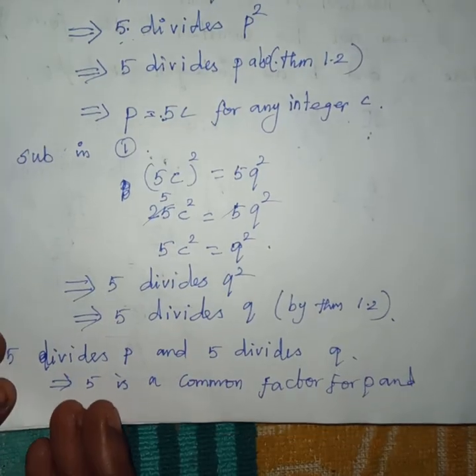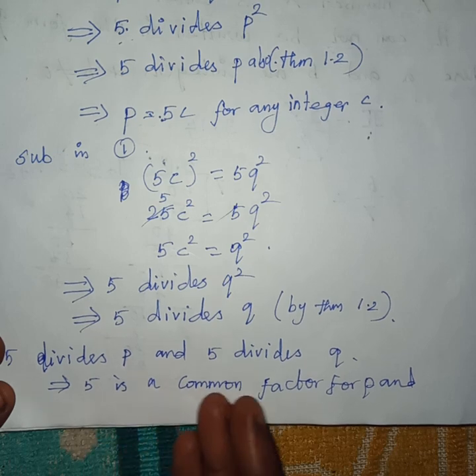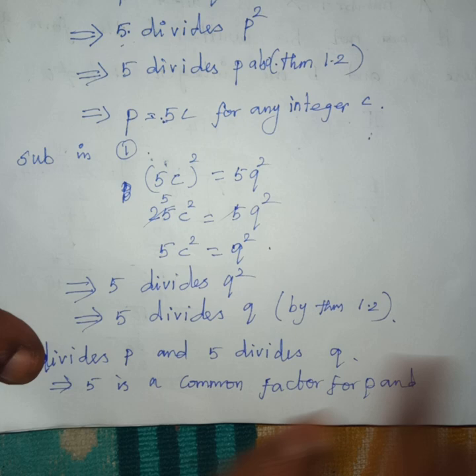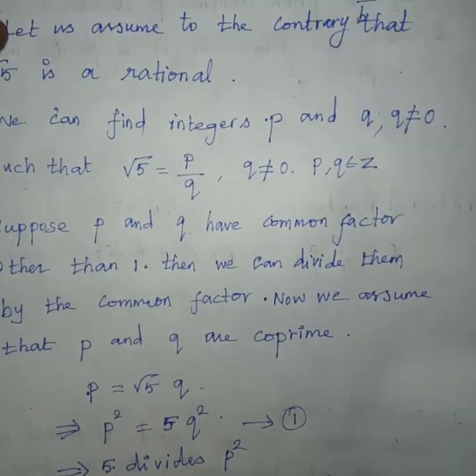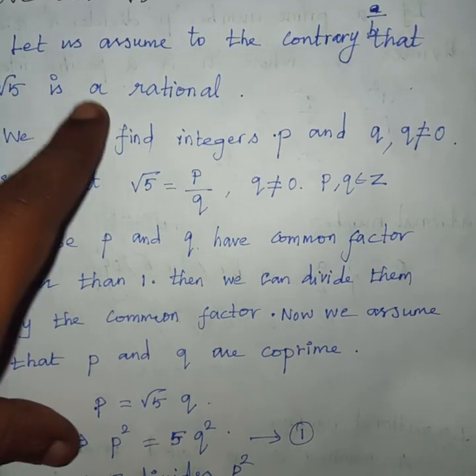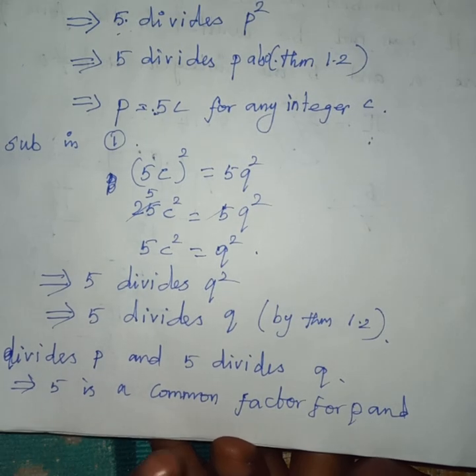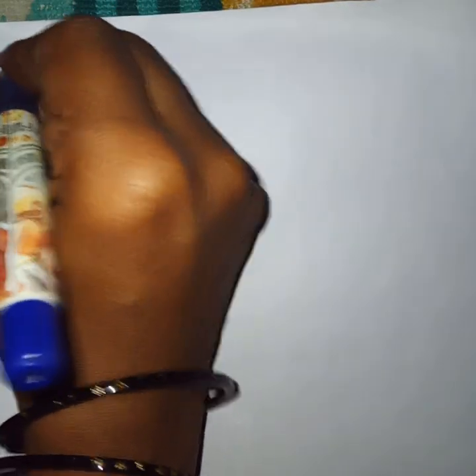But we have arrived at the contradiction that 5 is a common factor of p and q. Why does this contradiction arise? Because of our wrong assumption. What is our wrong assumption? Root 5 is a rational number. So 5 is a common factor for p and q means p and q are not co-prime.